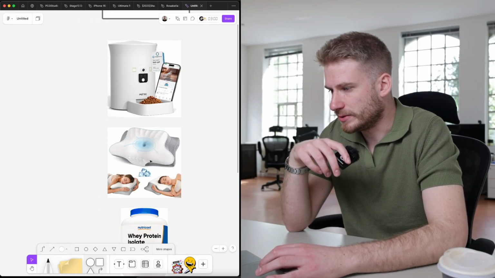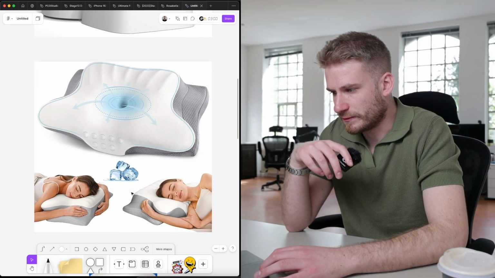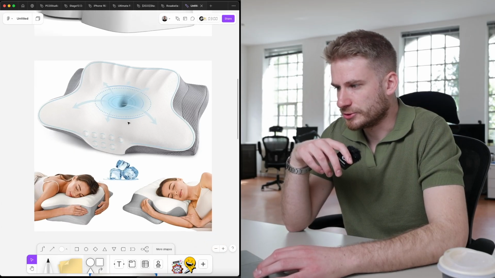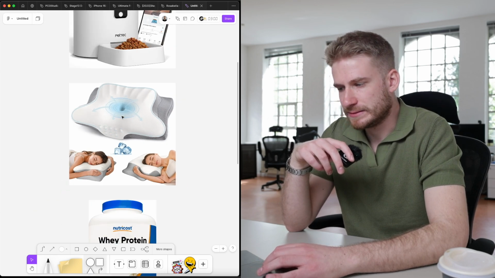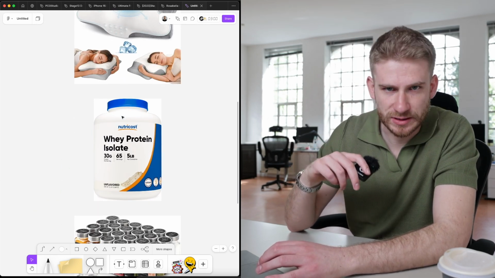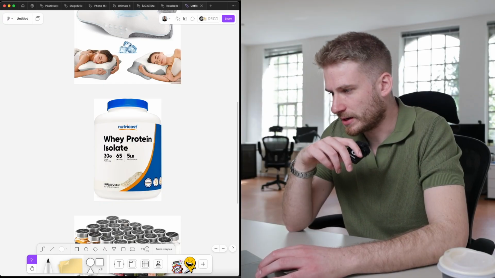This could also be showcasing this with, for example, ice cubes to showcase that this is a cooling pillow. There are multitudes of ways to be informative.